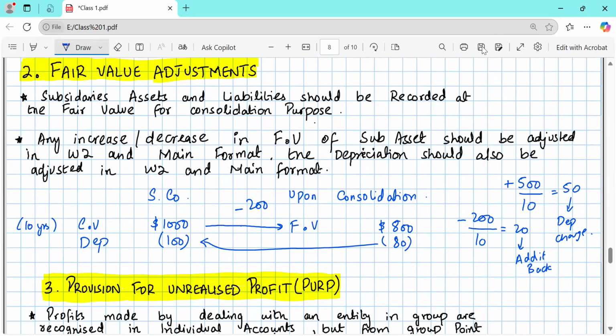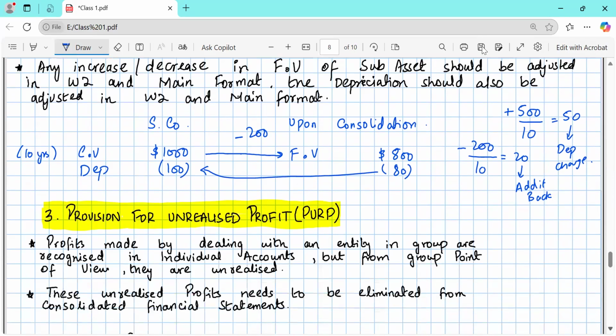And because of the increase, charge the extra depreciation and deduct that from the main format and from working two at reporting date, and vice versa. If there's a reduction in the value of the asset, reduce that in the main format and working two at both acquisition and reporting date, and add back the extra depreciation in the main format and in working two at reporting date only. Got the point? Yes. Okay, so this is your fair value adjustment.